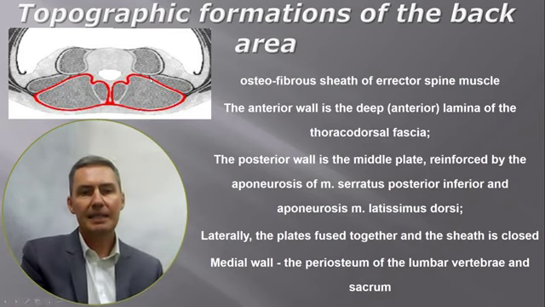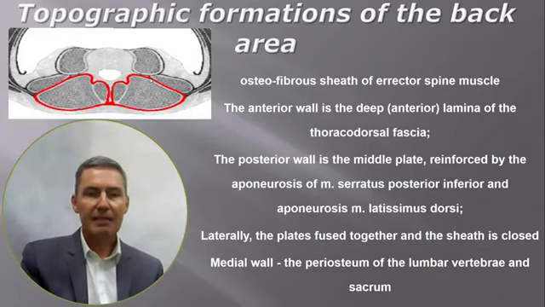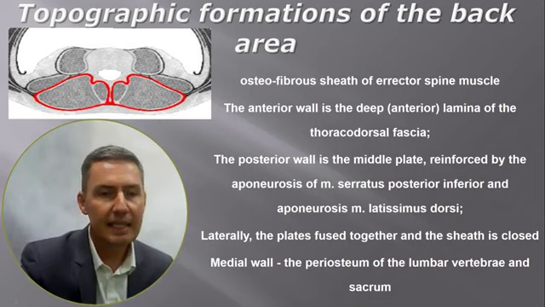Then it has the posterior wall, which is formed by the middle plate, reinforced by the aponeurosis of the serratus posterior inferior and the aponeurosis of the latissimus dorsi muscle. Laterally the plates fuse together and the sheath is enclosed this way.